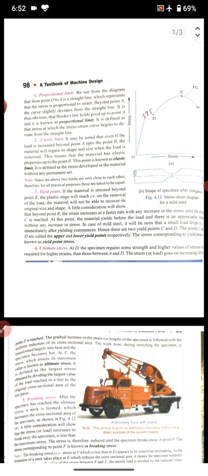You may see with your eye that A to B, means after the proportional limit, the curve starts deviating.